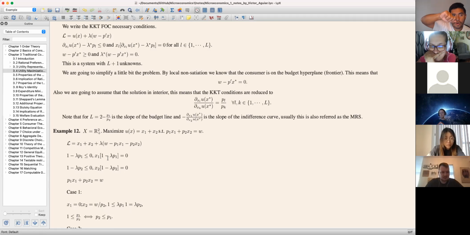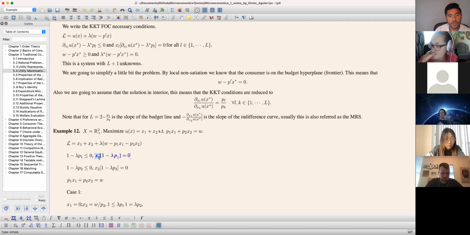This can be on or off. If it is on, then the first order conditions hold with equality. If it's off, then the first order conditions may not hold with equality, and hence it has to be that x1, the quantity of the corresponding good, has to be 0. So it's actually on the corner. So it's a corner solution, okay?